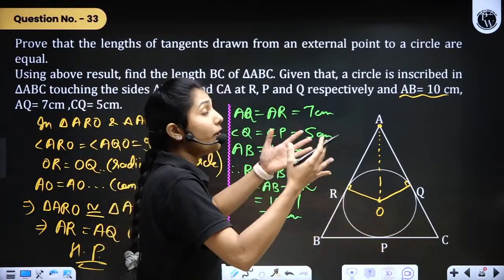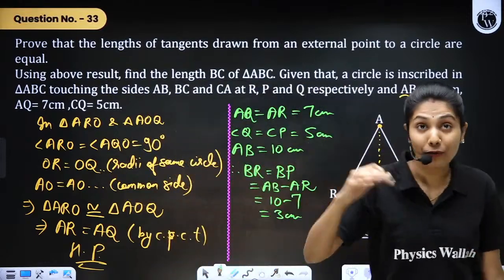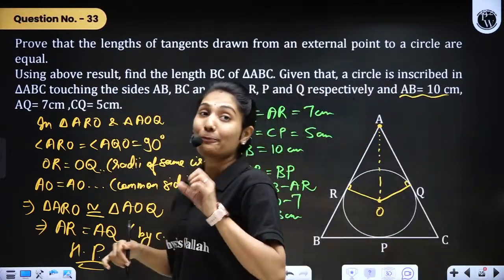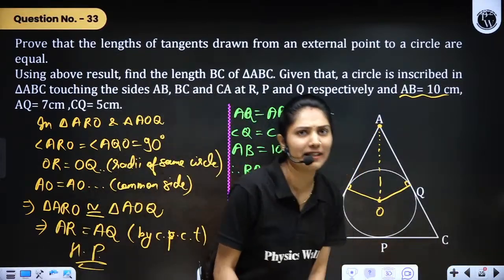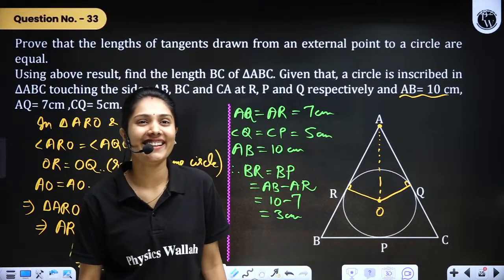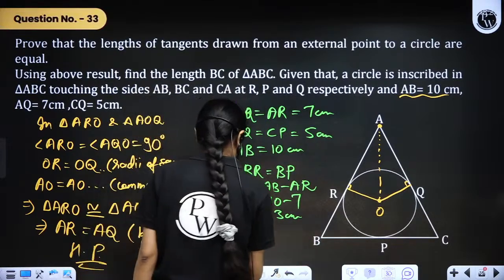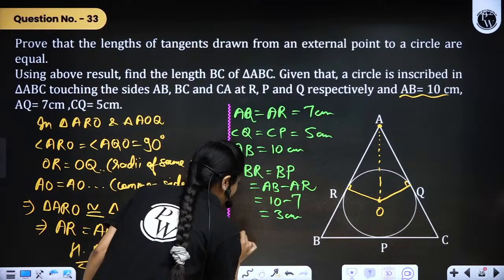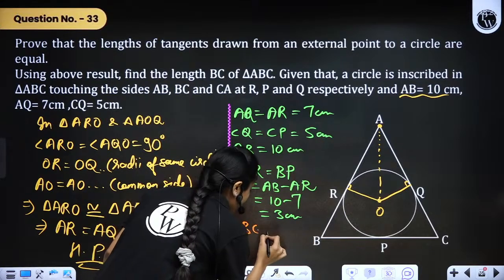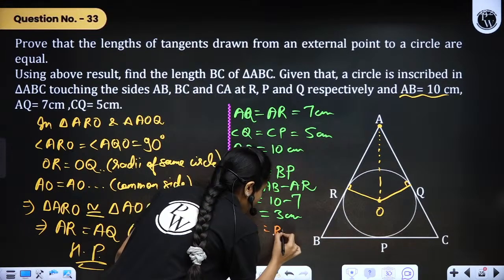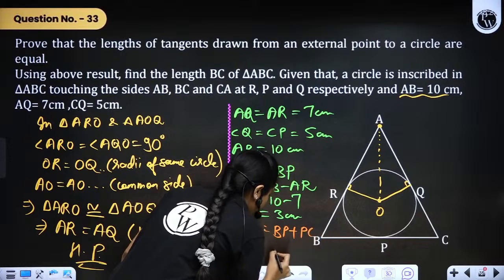Finally, the value of BC that we have to find, right? So, the value of BC is nothing but BP plus PC. Therefore, BC is BP plus PC.